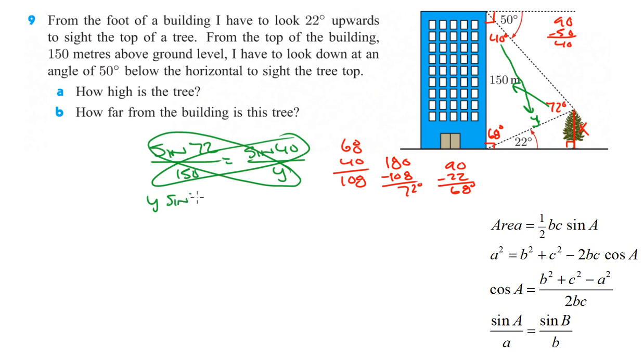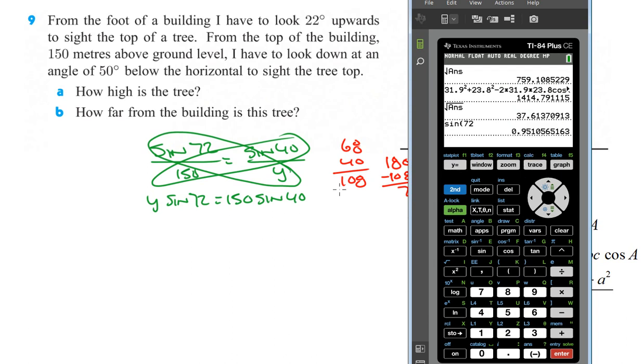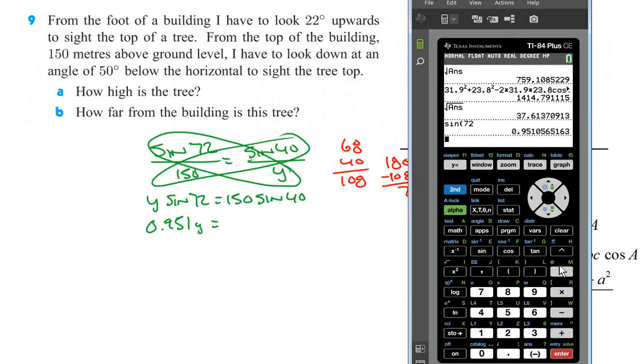Y sine 72 is going to equal 150 sine 40. Okay, so we can do sine of 72 is 0.951. 0.951 Y is going to equal, and then we can do 150 sine of 40, and that gives us 96.4.